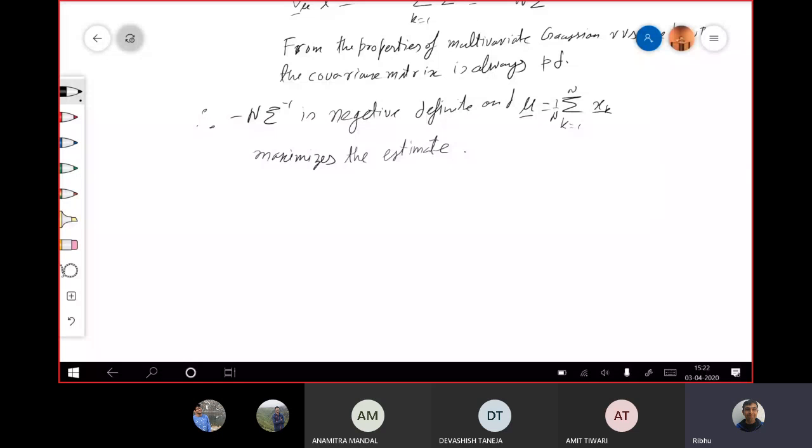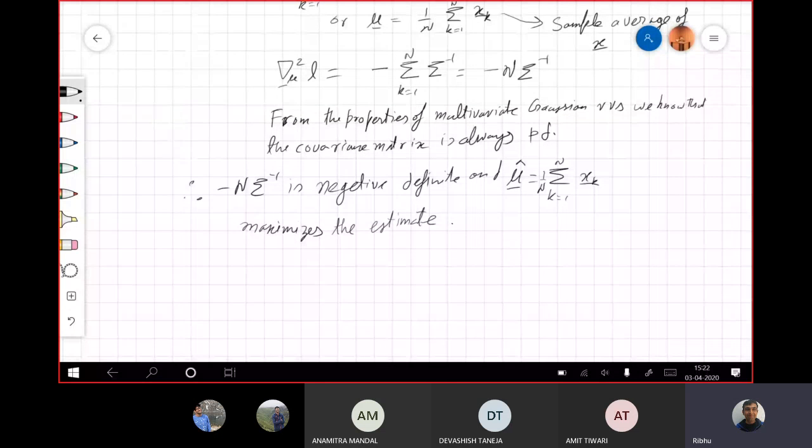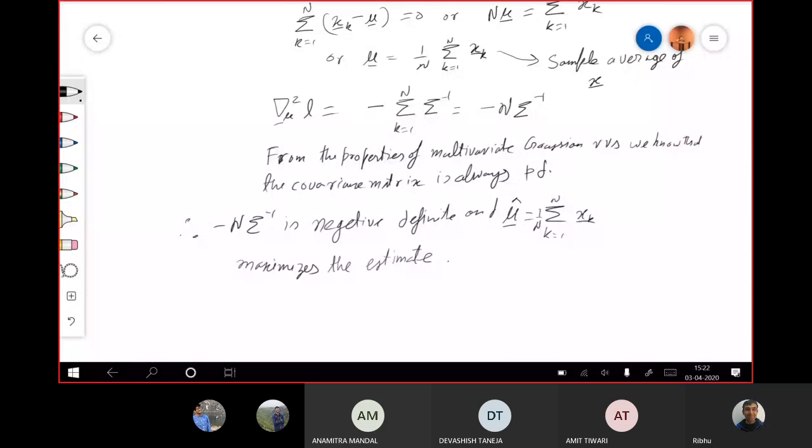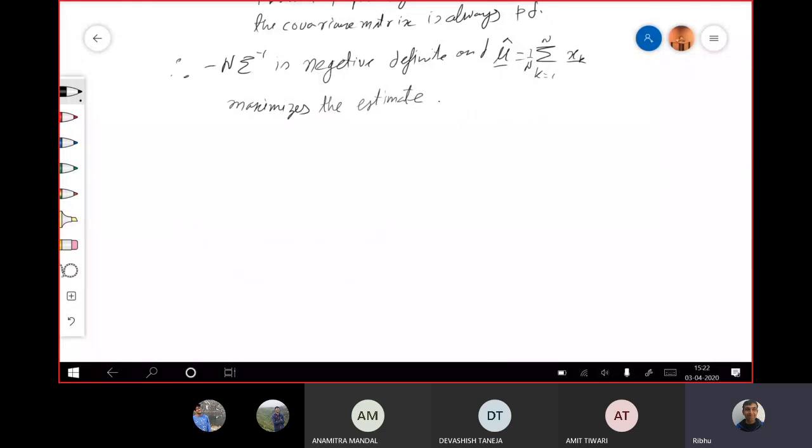Now the question is, we have this mu hat, which estimates mu. Again, as I said earlier, mu hat equals arg max over mu. This is the value of mu that maximizes this function L of mu.